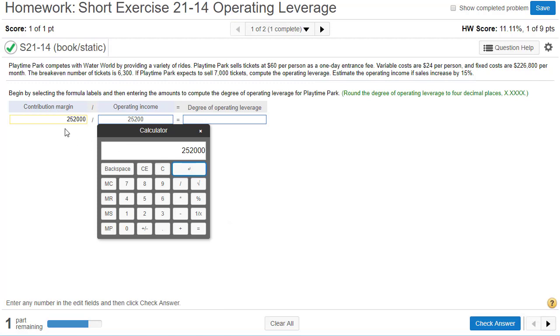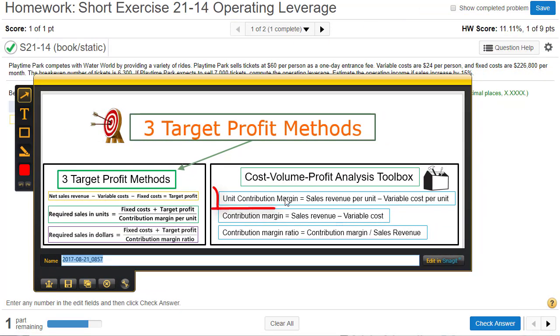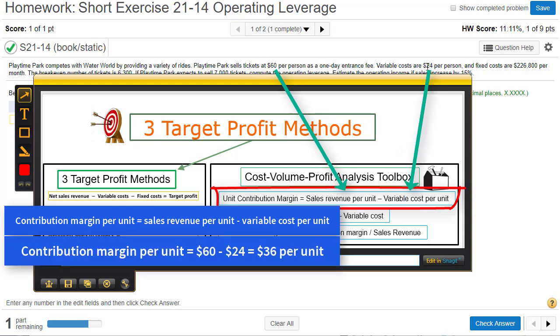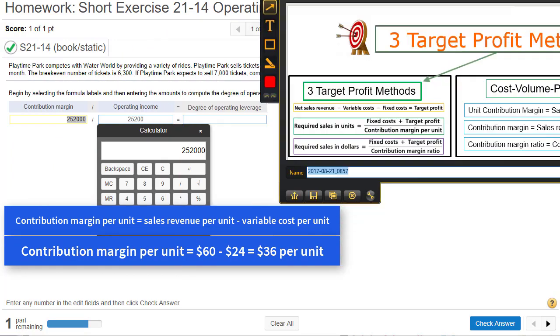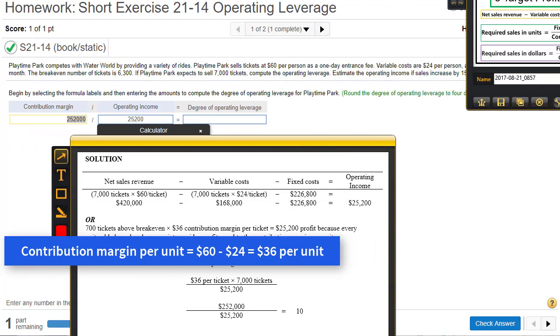Now another way to calculate this contribution margin is using the contribution margin per unit formula. You can take the sales revenue per unit, which is 60, subtract the variable cost per unit of 24, which gives you $36 of contribution margin per ticket times the 7,000 tickets, which gives you the same 252,000.